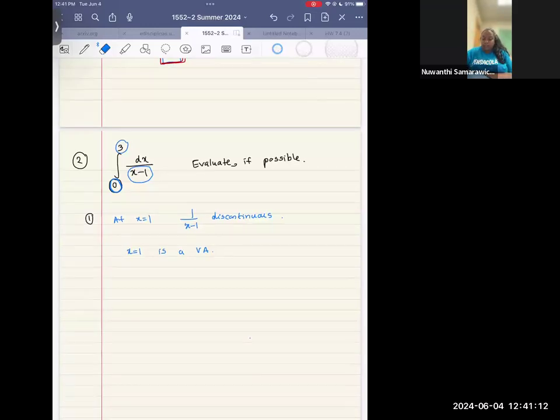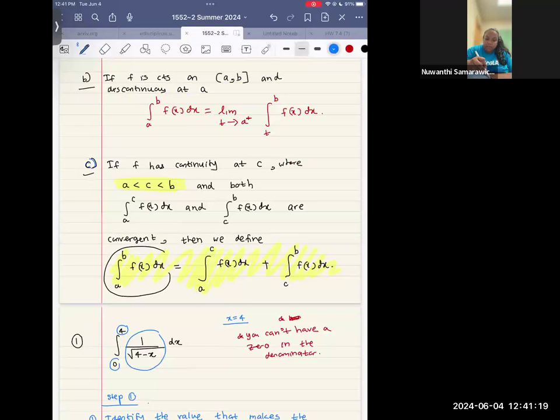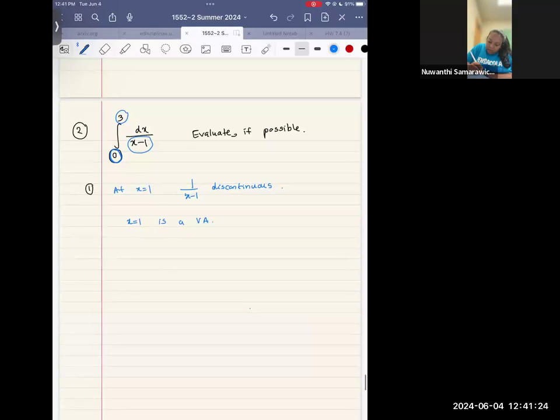So yes, I saw many answers. We have to use the C part. So we are going to write the integral from 0 to 3 of dx over x minus 1. Here we found that x equal to 1 is a vertical asymptote. So we write the integral from 0 to 1 of dx over x minus 1 plus the integral from 1 to 3 of dx over x minus 1.